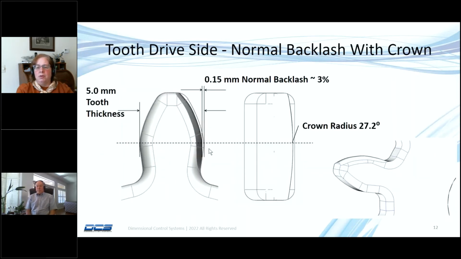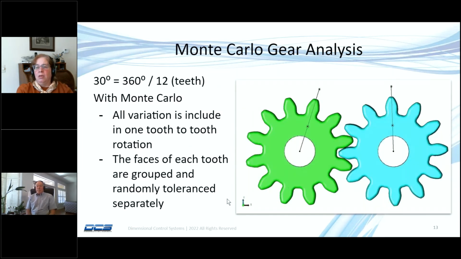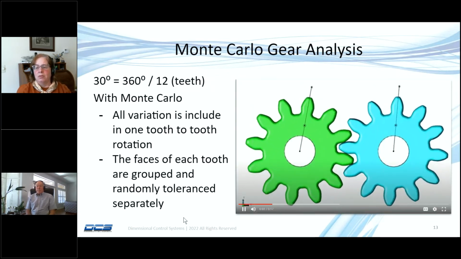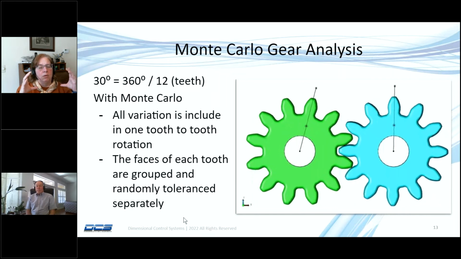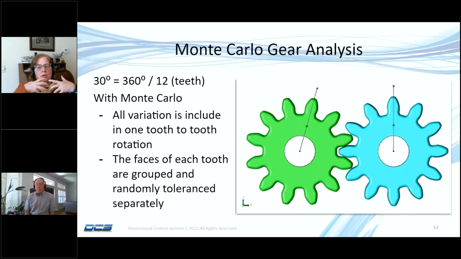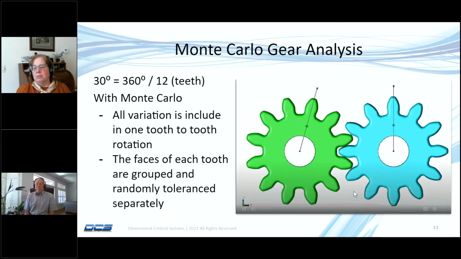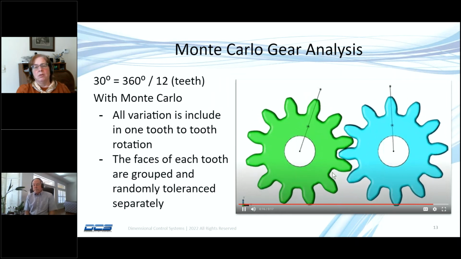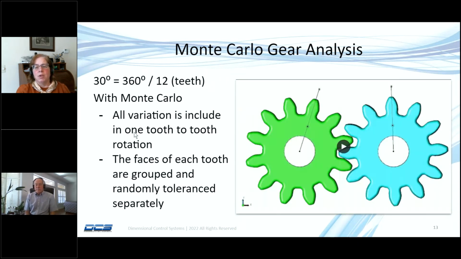A little bit more gear details. This is set up for a 0.15 millimeter backlash. We've got a crown modeled on these. All right, so Monte Carlo analysis is going to advance the gears 1 degree at a time over 30 degrees because 30 degrees is 1 tooth rotation.